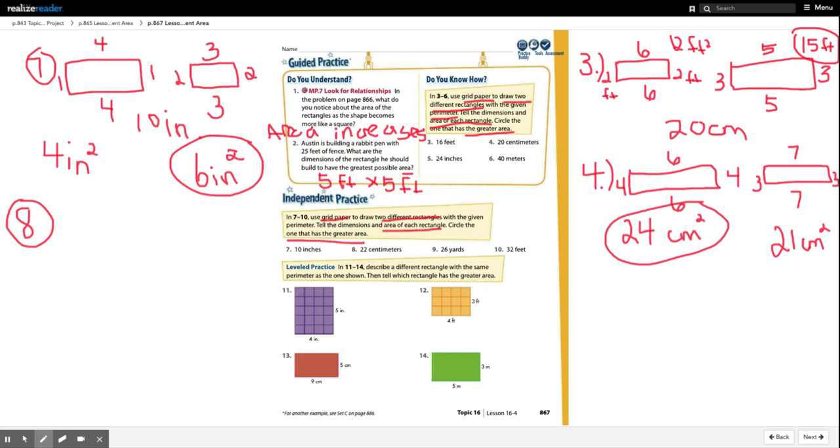Think of 2 rectangles that you can add. If you're thinking 8 plus 8 is going to give us 16. What other numbers do we need here on the side to give us 22?